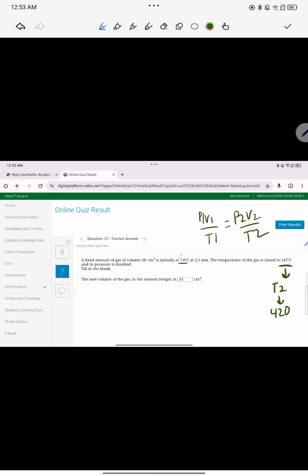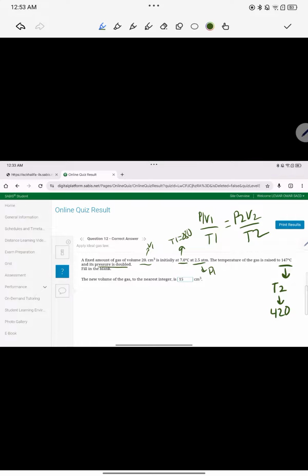This is T1, which is equal to 280. Okay, this is volume 1. This is pressure 1.